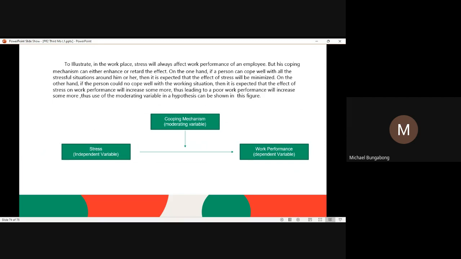On the other hand, if the person cannot cope well with the working situation, then it is expected that the effect of stress on work performance will increase.